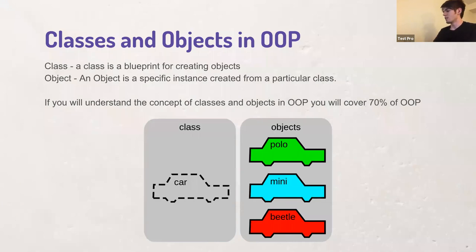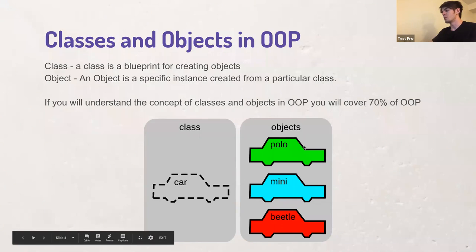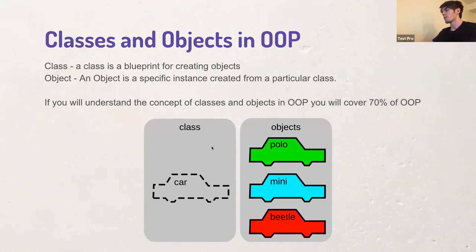Again, all of these objects are an actual representation of the class. In simple words, this is the explanation of what classes and objects are.